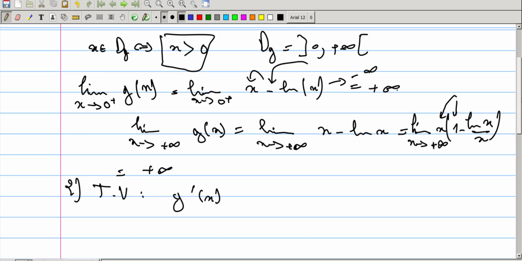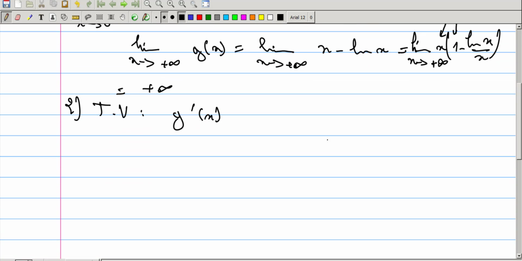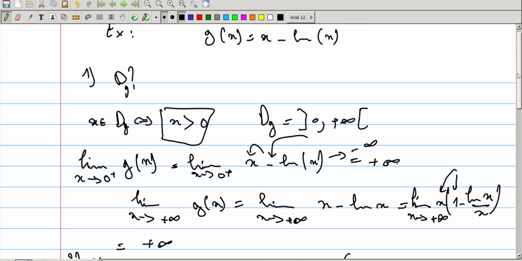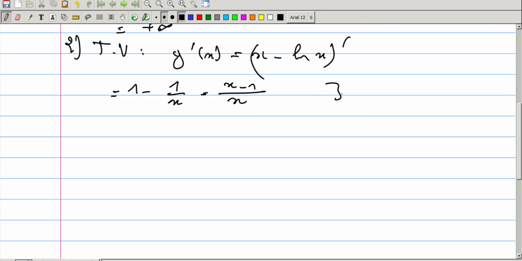First of all we will see the function: x minus ln x, prime, equals 1 minus 1 over x. Good. So we know the domain is 0 to plus infinity.